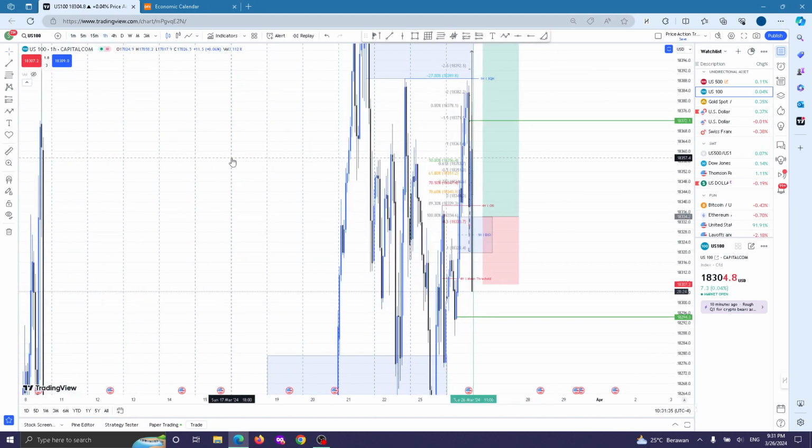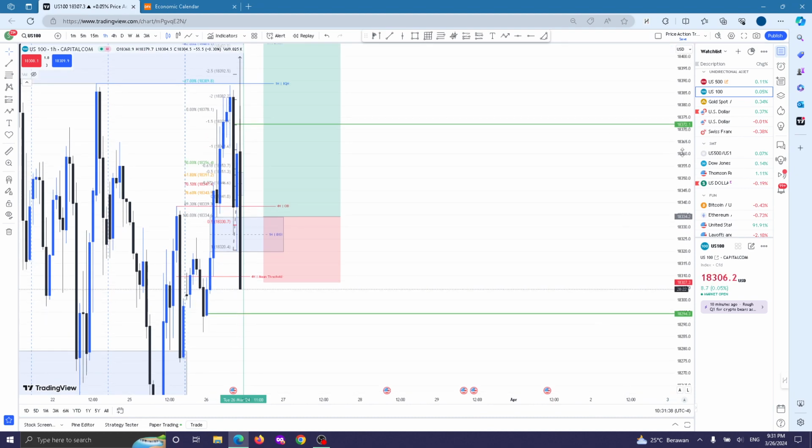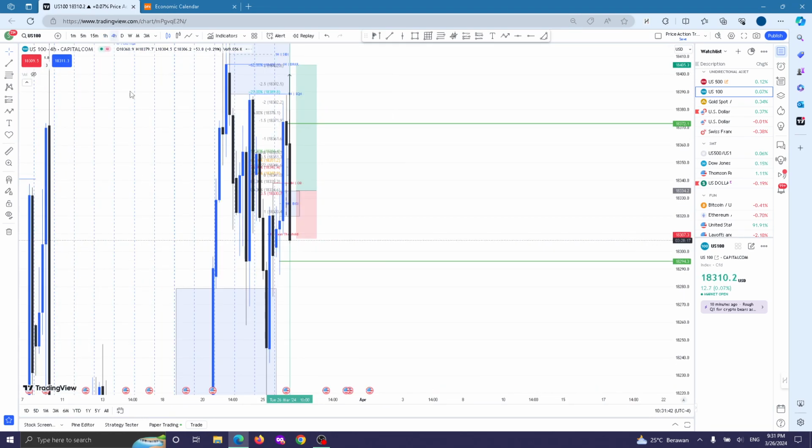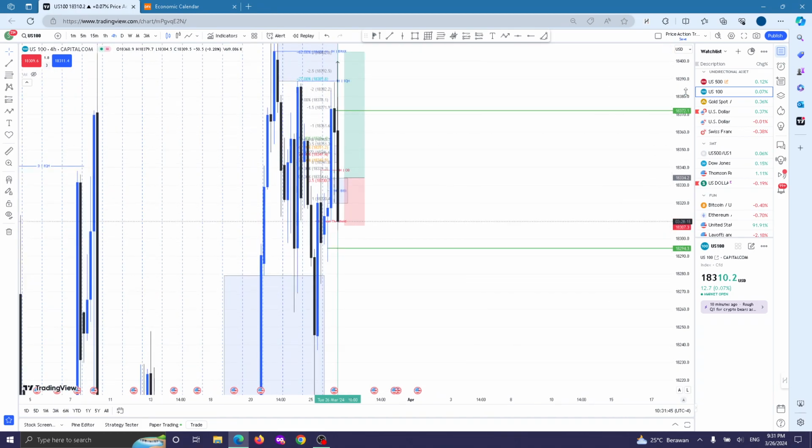What is price doing? It displaces so much. It's now in the mean threshold of the 4-hour chart.